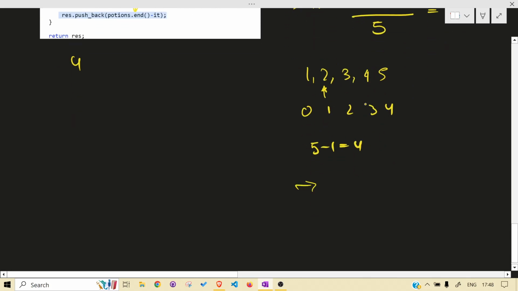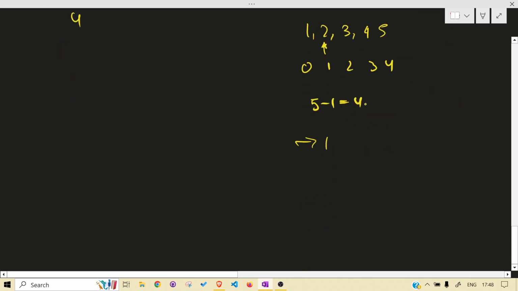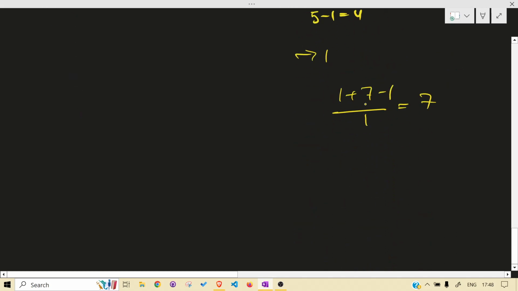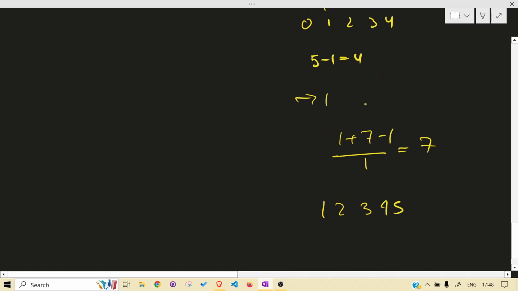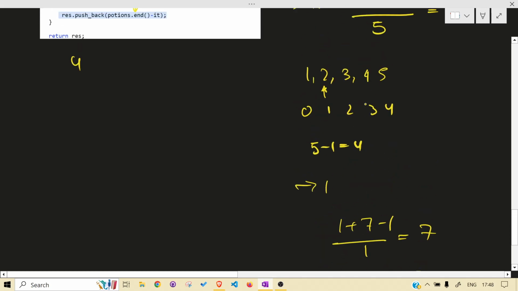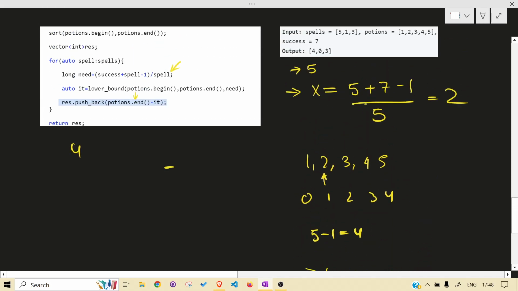Here it is 4 again. This time we took 1, and for 1 we do the same thing. We get 7, and when we search for 7, 1 3 4 5, this is the portion. We will not get anything. We will get this end, 0 1 2 3 4 5, we get this 5, and 5 minus 5, I would say 0.